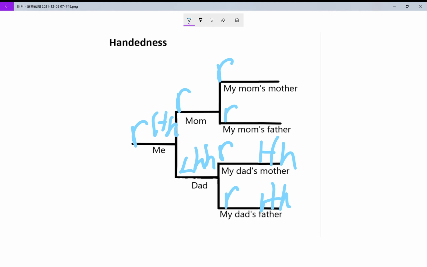However, on my mom's side, I don't have enough information. I cannot get information from my grandparents' father and mother. So next is my spouse. If my spouse in the future is a left-hander, her genotype is going to be 2 little h.